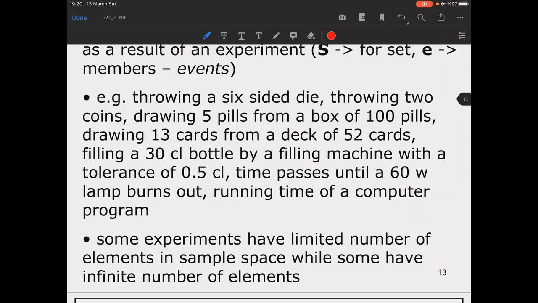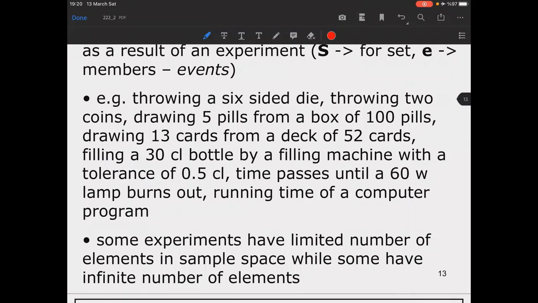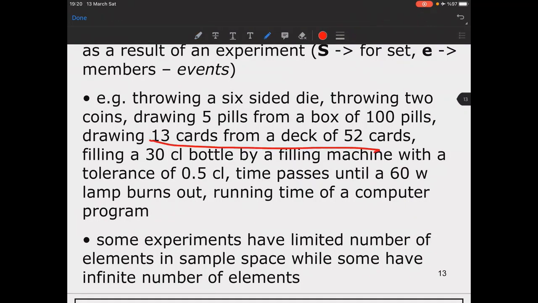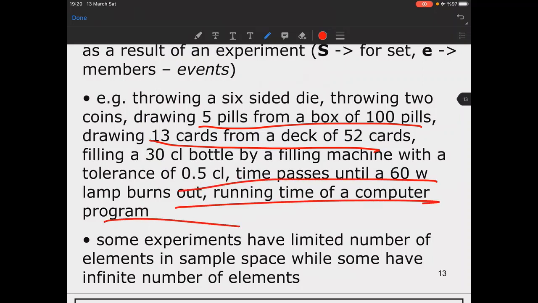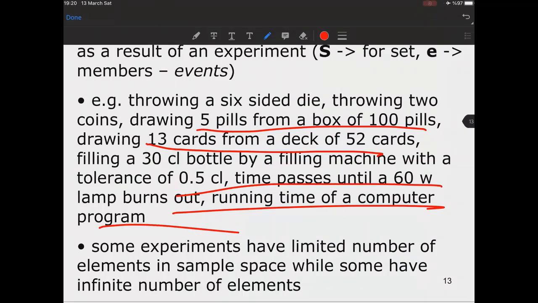And the other ones, we knew that they're finite, but we couldn't write all of them, like drawing 5 pills and drawing 13 cards. And the other ones have an infinite number of elements in them, namely these ones, for example. So that's the idea.